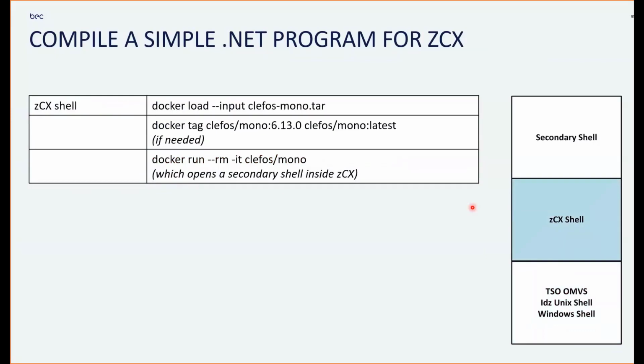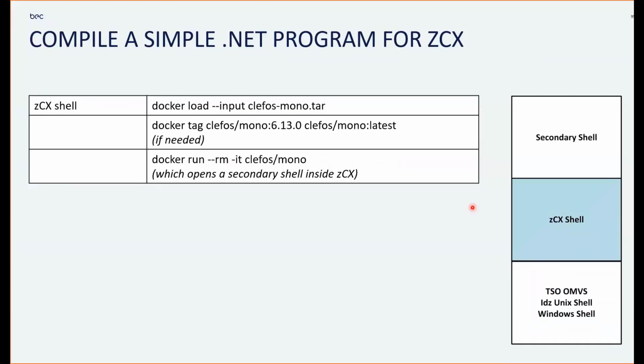Then we opened the shell in zCX and said docker load, which loaded the tar file into Docker. Told Docker that version 6.13.0 is the latest one, which it needs. And then we said docker run Clefos Mono.